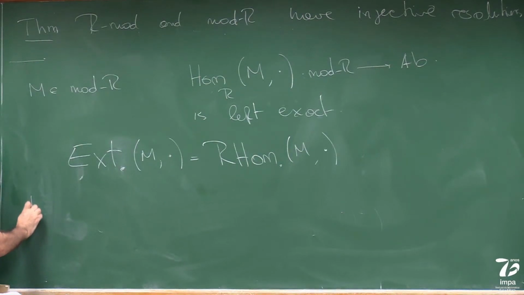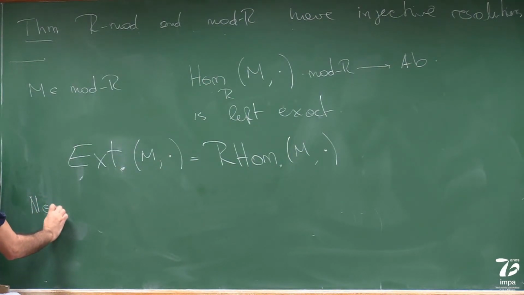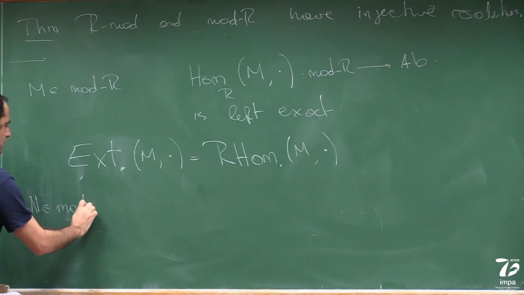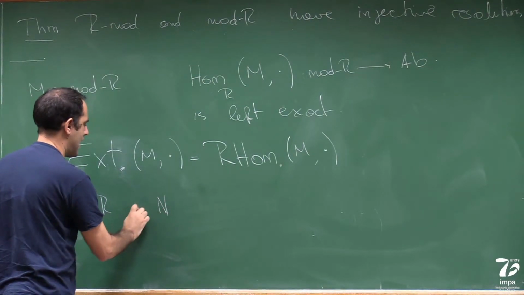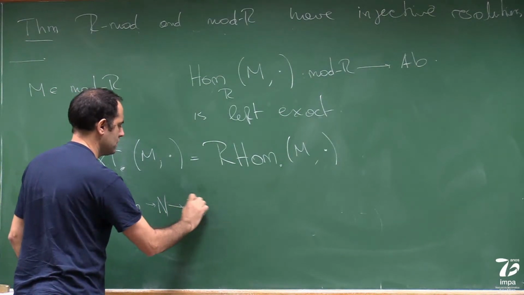So let's say that N is a right R module. We now know that we have an injective resolution.